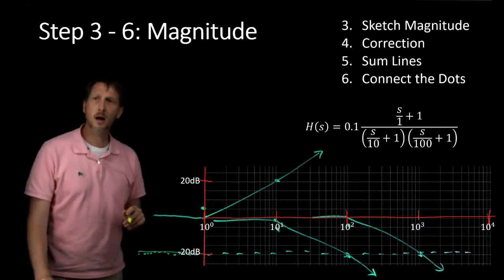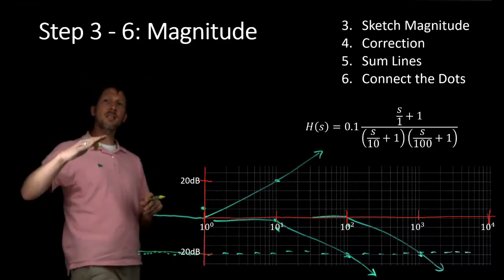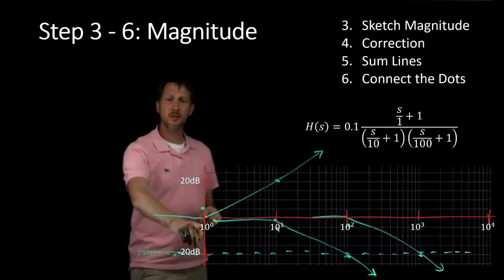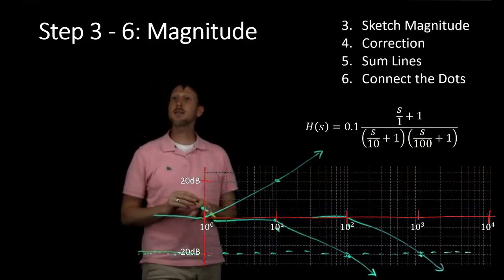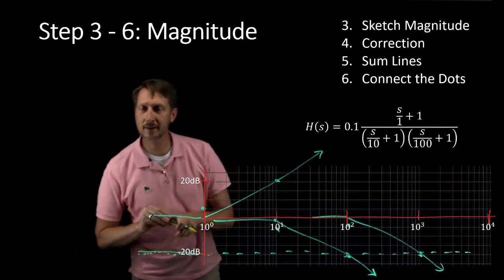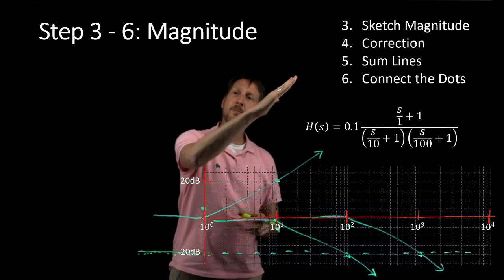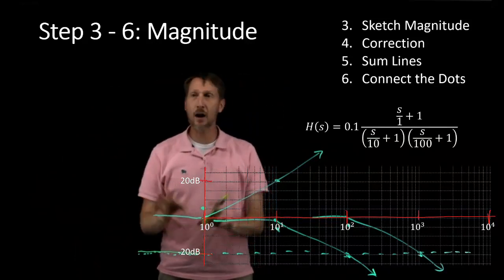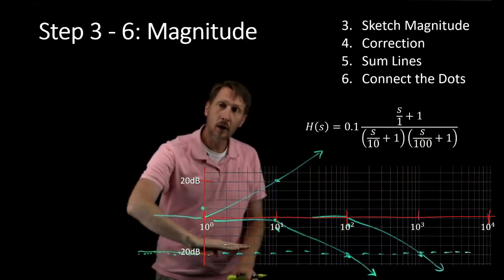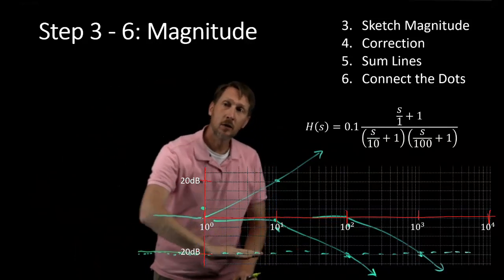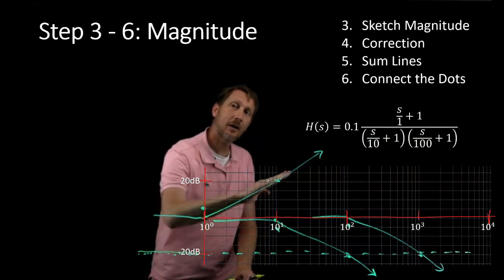We're going to follow that line up until we get to the first inflection point. That first inflection point is this first knee that happens at omega equal to 1. And so at omega equal to 1, we're going to start to go at a positive 20 dB per decade from this point. Now if you want to think about it, we are adding negative 20 plus these values.